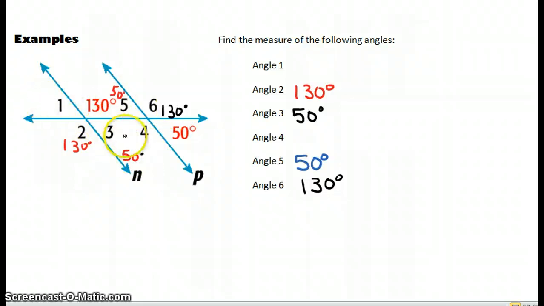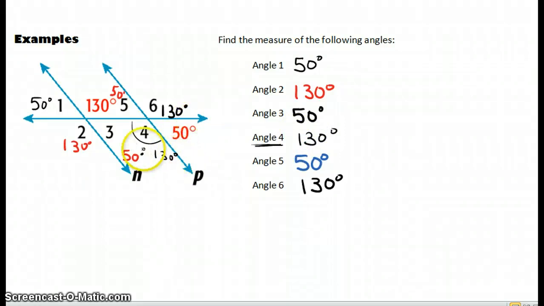We don't know angle 1. If I look at my vertical angle, if 3 is 50, then 1 has to be 50. And that gives me my 180 degrees on my line. So we're left with poor angle 4 here. What is angle 4? Well, I can do it two ways. I can look at the 130, and since I have a vertical, this would also be 130.